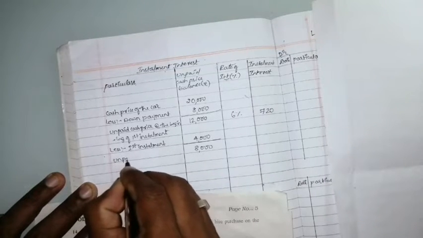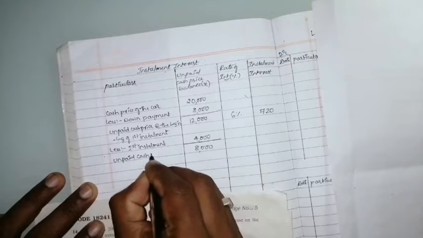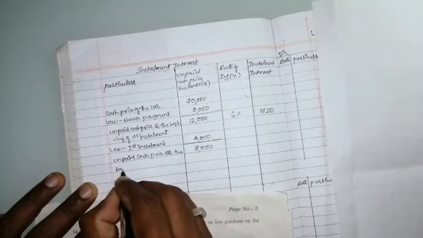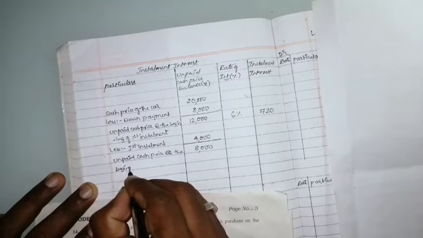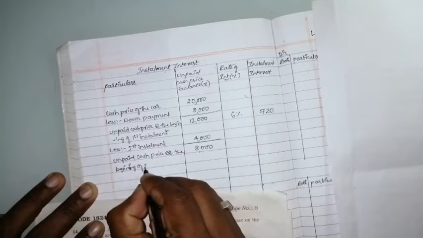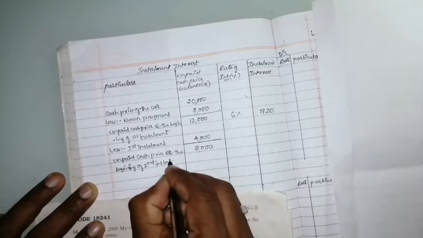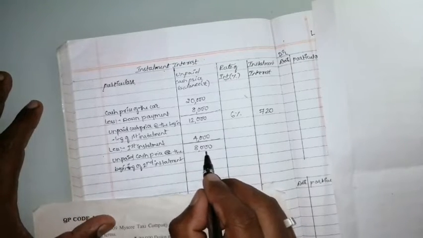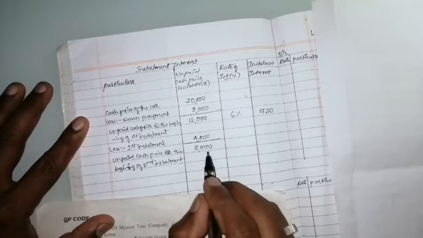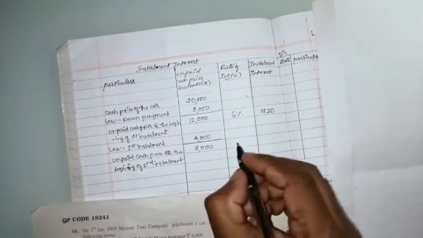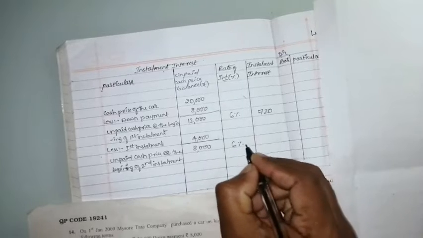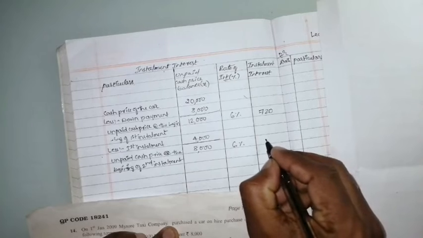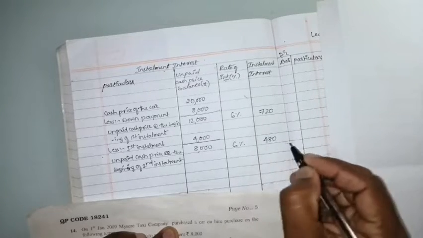So it's the unpaid cash price at the beginning of second installment. On that amount we have to put again 6% rate of interest. So on that 8,000, 6% rate of interest leads to 480.